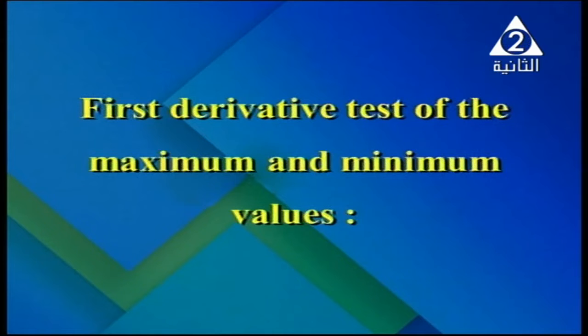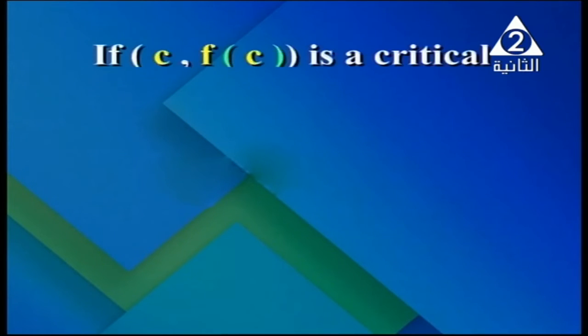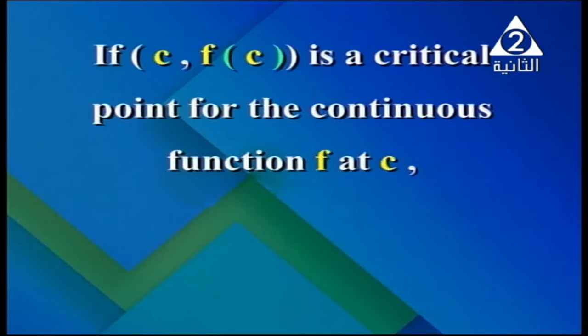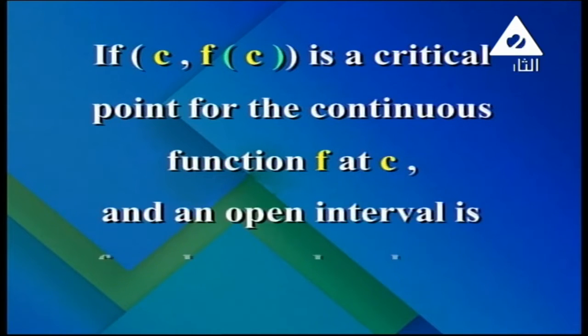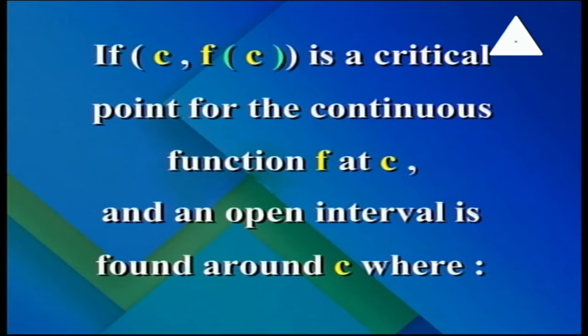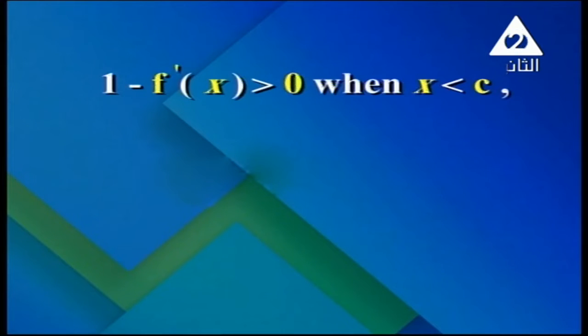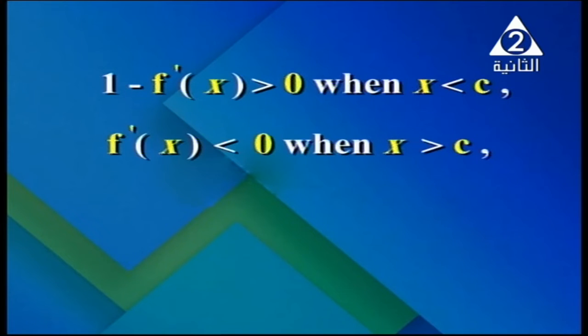First derivative test of maximum and minimum value. Let c be a point, and f of c a critical point for the continuous function f at c, and an open interval is found around c where, my dear student, f dash x is more than 0 when x is smaller than c, and f dash x is smaller than 0 when x is bigger than c.